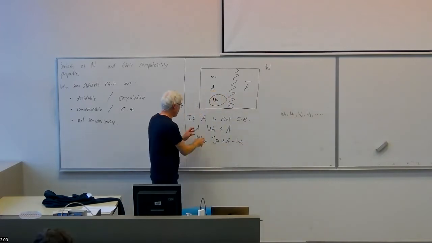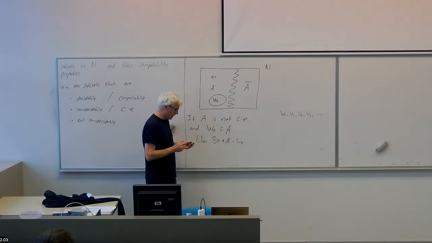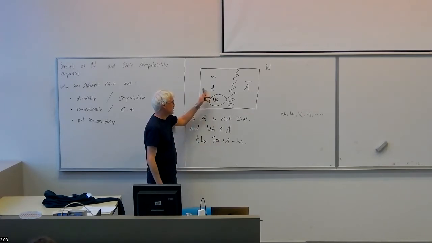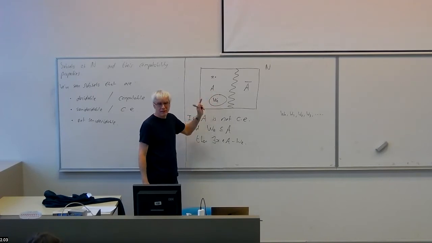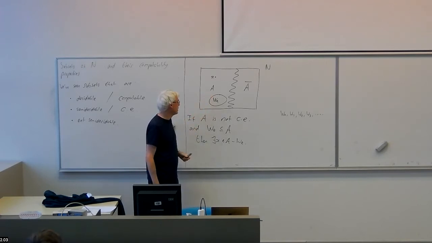In fact, this property, that for any such W_E there exists an X outside it, is obviously equivalent to the non-computable enumerability of the set A. This way of thinking leads quite naturally to a strengthening of not being computably enumerable.